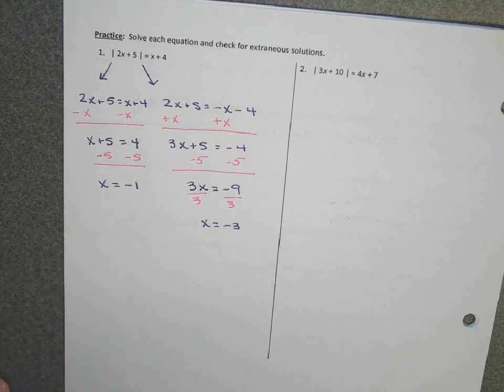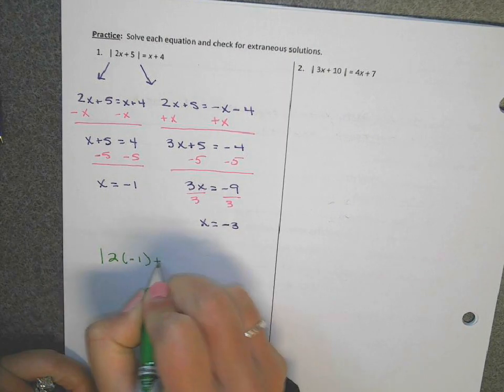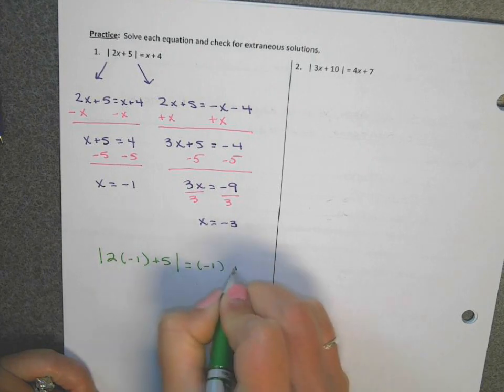So x equals -1 or x equals -3. Okay. Now we have to plug them back in because there's a chance we have extraneous solutions here. So when we plug them back in, I have the absolute value of 2 times -1 plus 5 is equal to -1 plus 4.